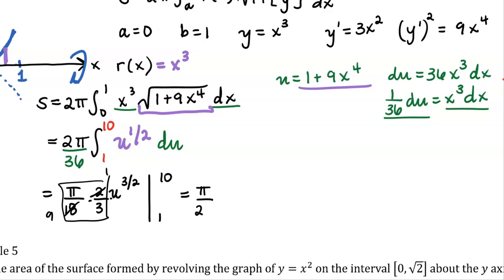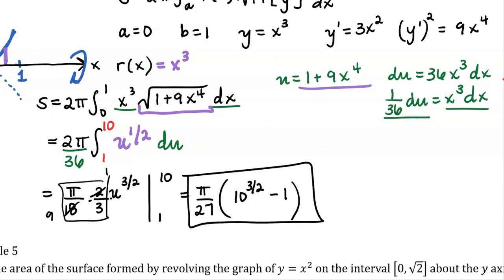We have pi over 27 multiplied by 10 to the 3/2, applying the fundamental theorem of calculus now, minus 1 to the 3/2. 1 to the 3/2 is just 1, so we don't have to put that 1 there. So this is our exact answer for that surface area, which is approximately 3.563.